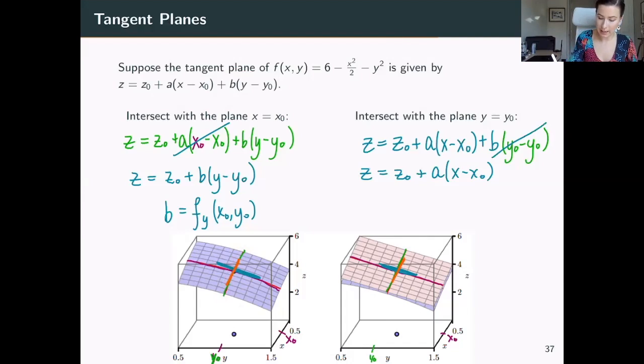So we would have that our a should be equal to the partial derivative with respect to x at this point x naught, comma, y naught. We have a line and a point where that slope should be, and we know should be, the partial derivative at that point.